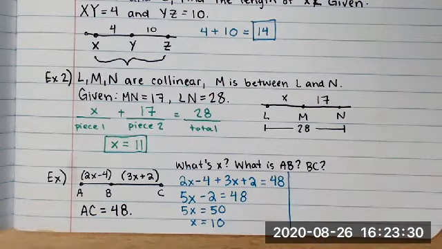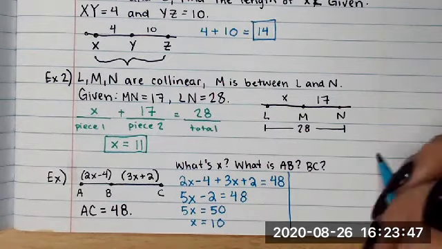But here's one case where algebra is quite different from geometry. Usually in geometry, our goal is just a little bit bigger than finding x. Because, okay, sure, now I know x is 10, but I still don't know what the length of this line segment is. So we have to go back and substitute it.